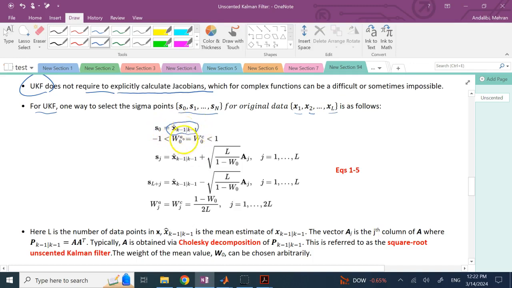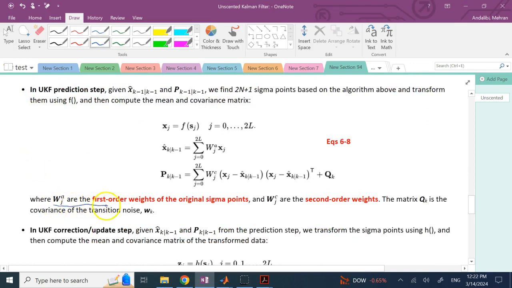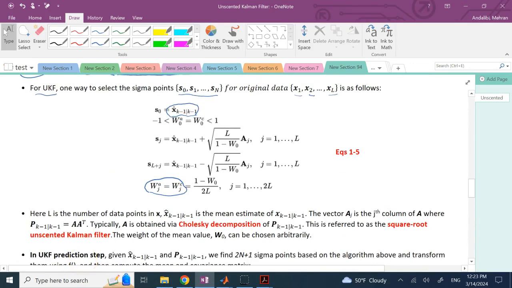Okay? Then you need two sets of weights, W0A and what? W0C. In general, they are WJA and WJC. There are two types of weights that you need, and the name for them: the WJA we call first order weights, and WJCs are called the second order weights. Okay? So there are two types of weights, WJA and WJC, and we need to calculate them.